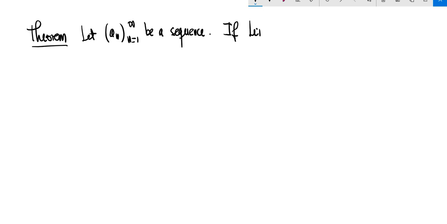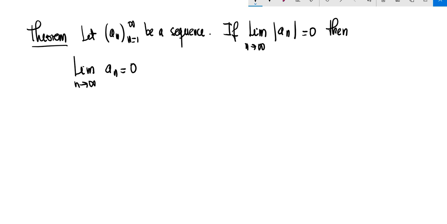If the limit of the absolute value of a_n as n is approaching infinity is equal to 0, then the limit as n is approaching infinity of a_n will be equal to 0. Notice that we didn't say that if the limit of a_n is equal to 0, then the limit of the absolute value of a_n will be equal to 0. This is saying that if the limit of the absolute value of a sequence goes to 0, then you can automatically conclude that the sequence itself must converge to 0.